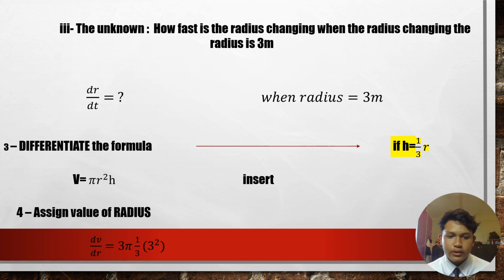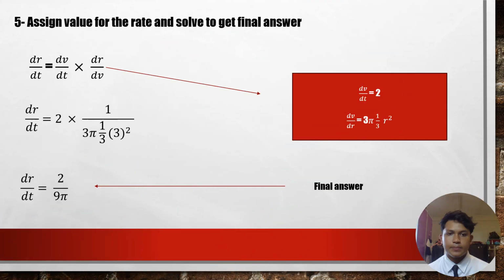Number 4, we need to assign the value of the radius. We get dV/dr equals 3 pi 1 over 3 multiplied by 3 squared, where we substitute h as 1 over 3 r. The last part is we need to assign the value for the rate and solve to get the final answer.